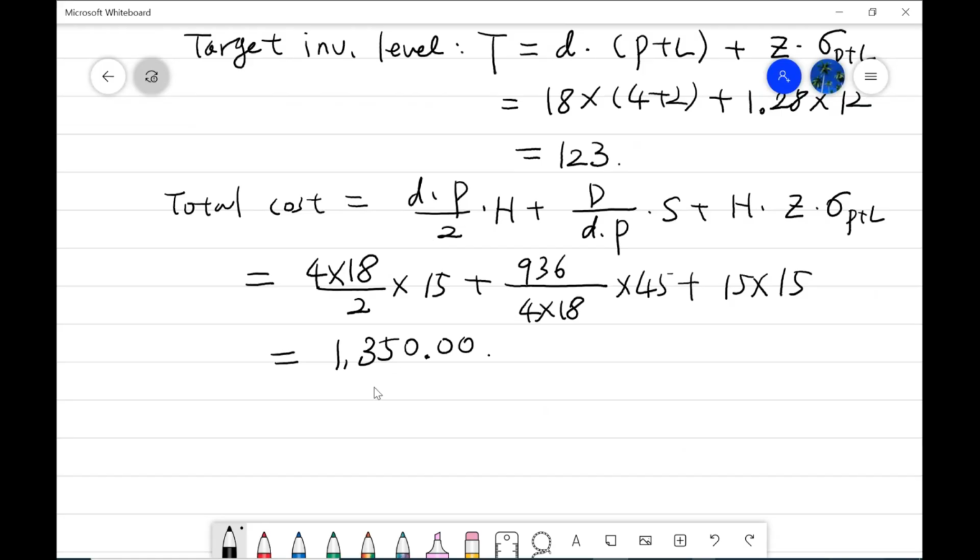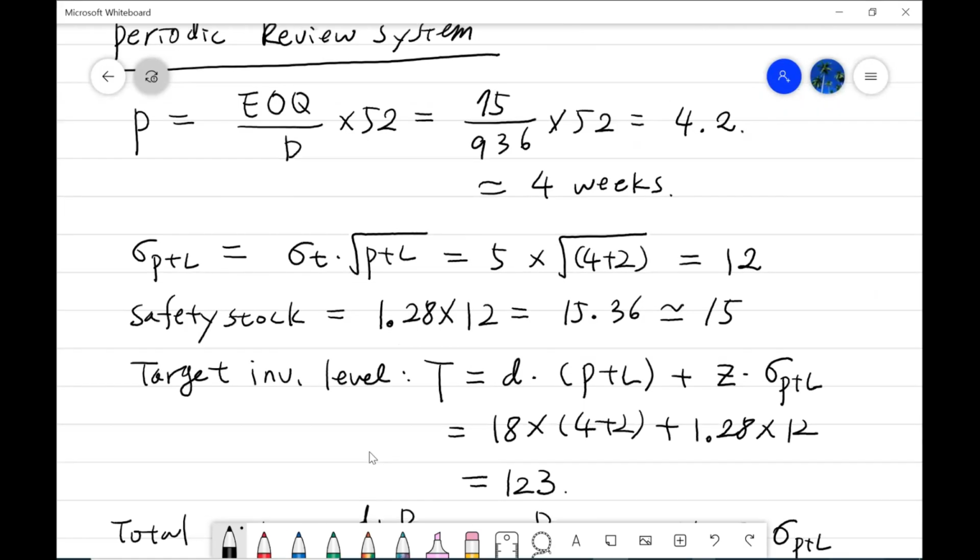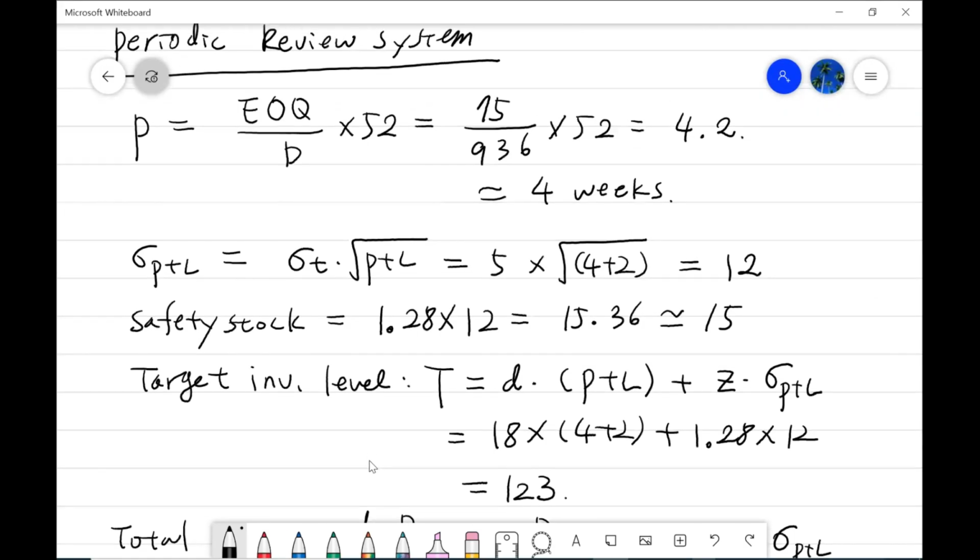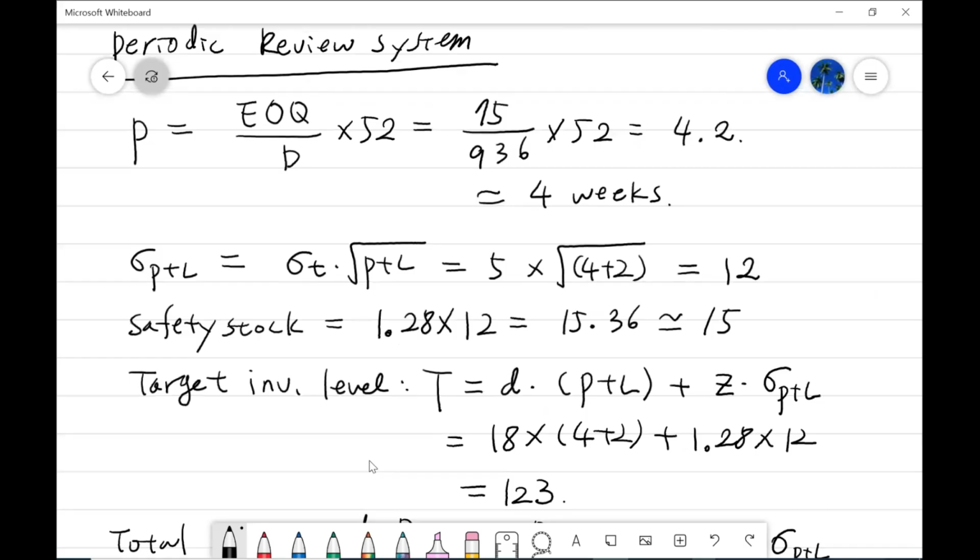So what happened to this periodic review system? Again, in the periodic review system, unlike a continuous review system, you don't have to keep watching your inventory at all. From time to time, you visit your warehouse, check your inventory and place an order. So I visit my warehouse every 4 weeks and place an order. But how much?